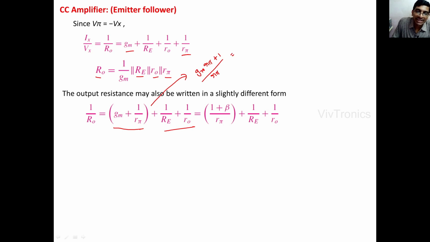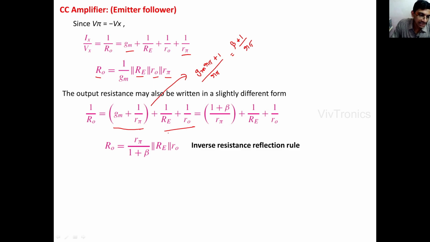Here we know that GM into R pi is nothing but beta. Therefore (1 plus beta) by R pi is the result of this, so we have (1 plus beta) by R pi plus 1 by Re plus 1 by R naught. And the R naught value will be equal to R pi by (1 plus beta) in parallel with Re in parallel with R naught.